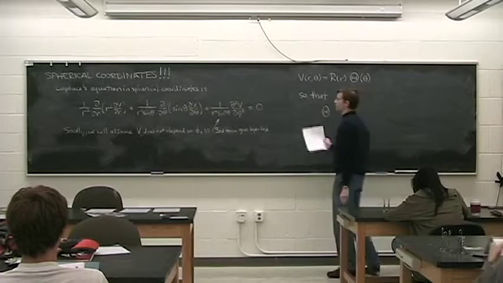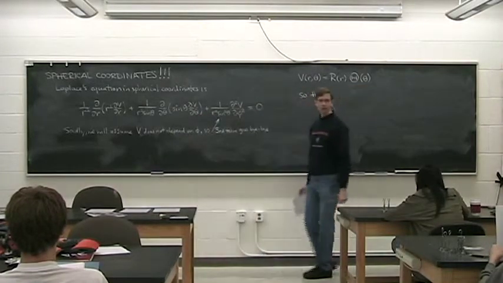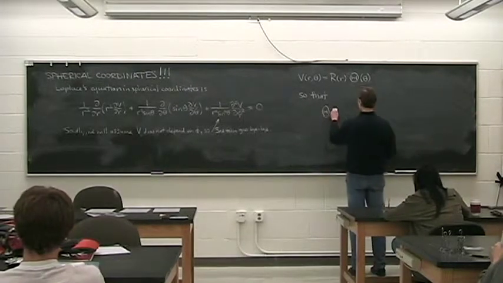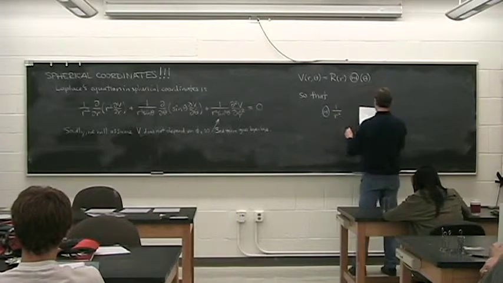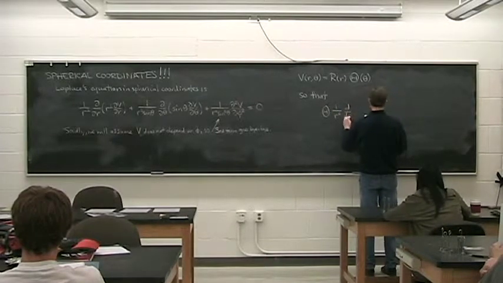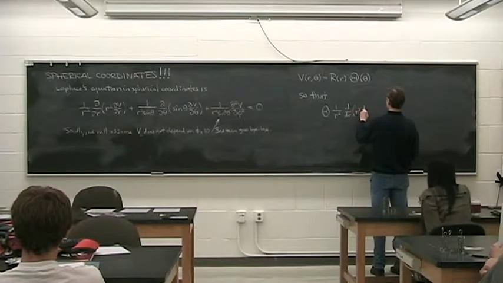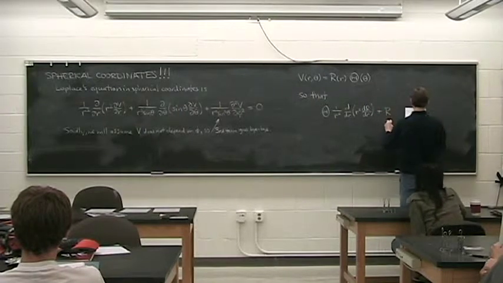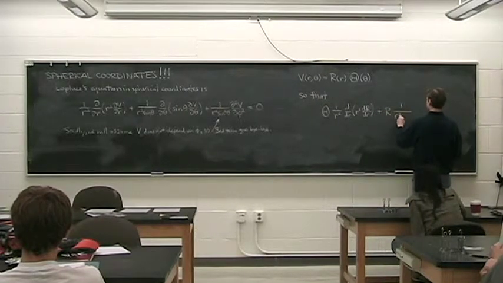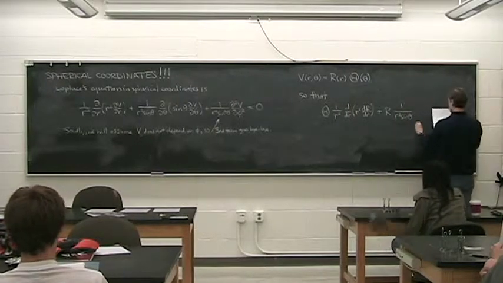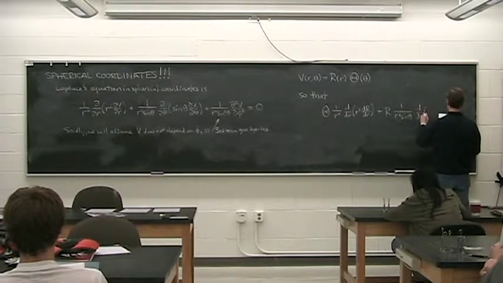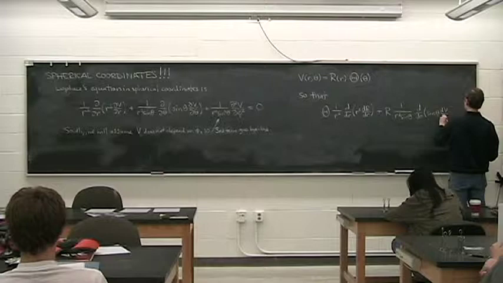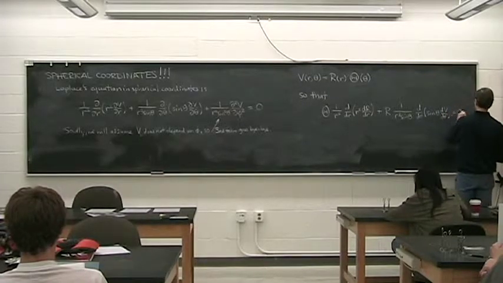We plug that into our equation where the third term has gone bye-bye, and we'll get that big theta times 1 over r squared ordinary derivative with respect to r of r squared dR dr, plus big R times 1 over r squared sine theta times d d theta of sine theta d big theta d theta, is equal to 0.